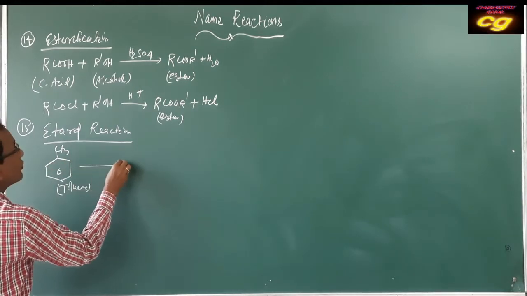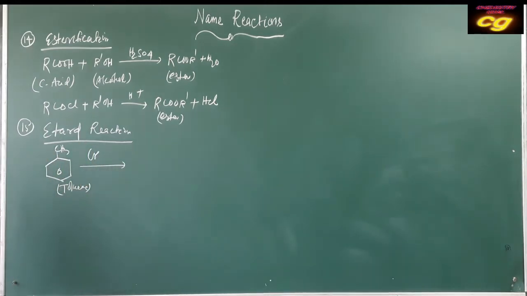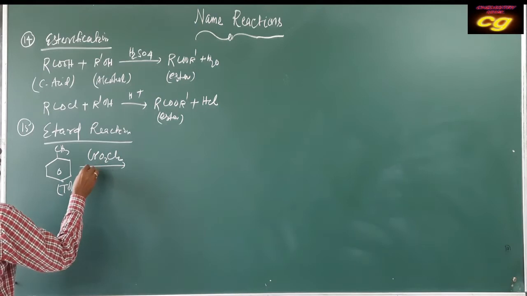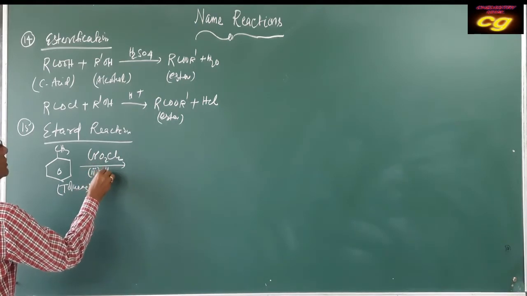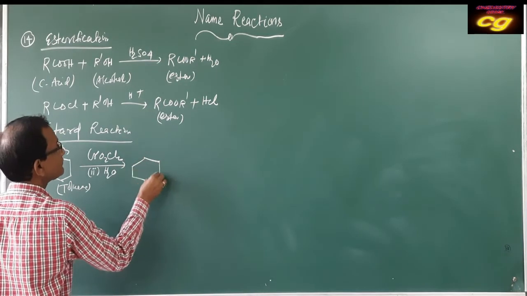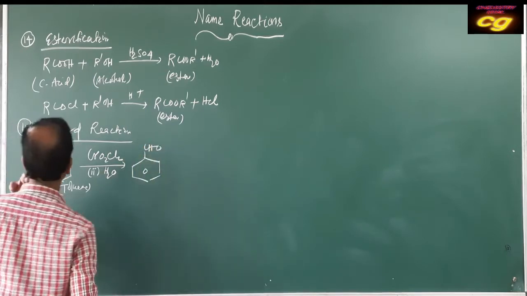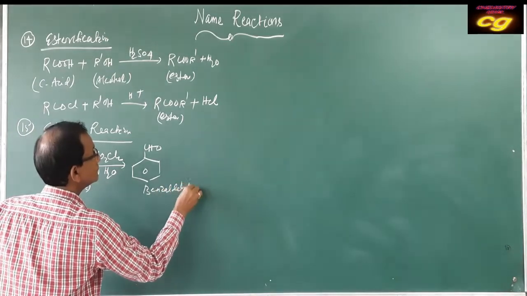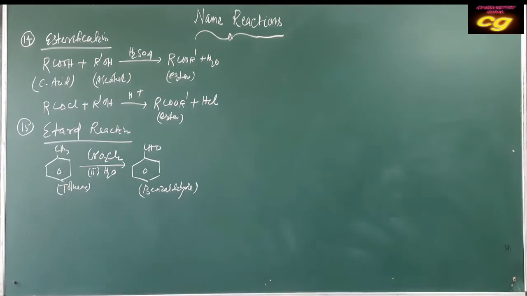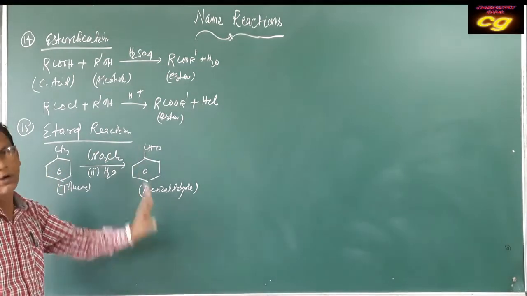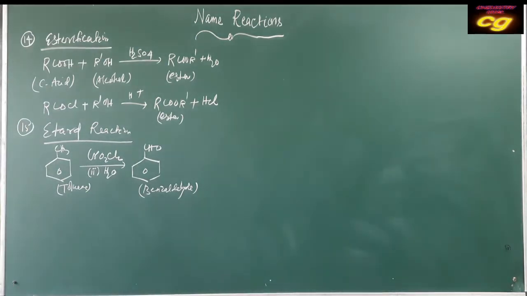When oxidized by chromyl chloride, CrO2Cl2, and on further hydrolysis, the second step, the product is aldehyde, benzaldehyde. Here toluene to benzaldehyde. This is called Etard reaction. Formation of aromatic aldehyde from aromatic alkane. This is called Etard reaction.